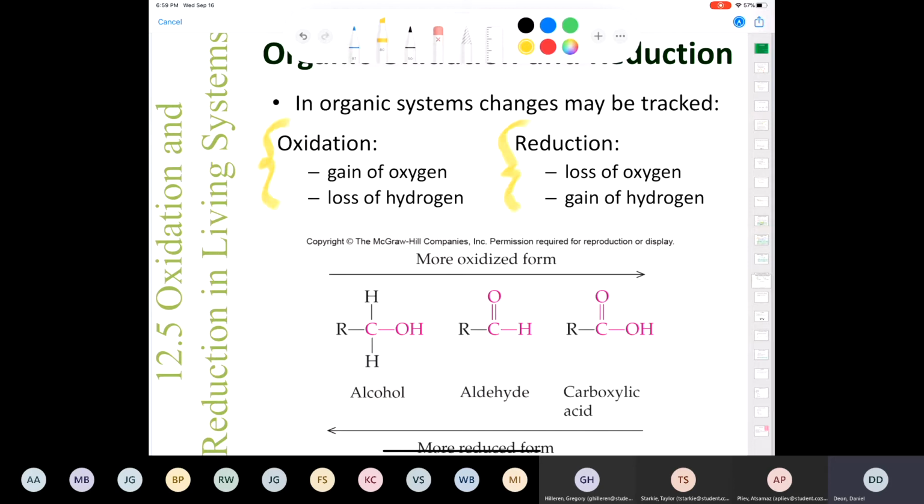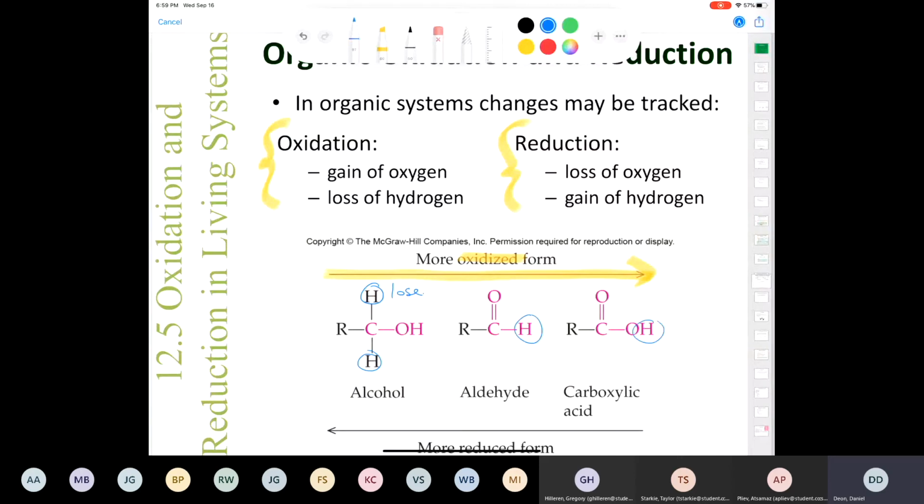So if we look at the alcohol, if we go from an alcohol to an aldehyde to a carboxylic acid, why is this oxidation going in this direction? Because if we go from an alcohol to an aldehyde, we lose these 2 hydrogens. As we go from the aldehyde to the carboxylic acid, we didn't lose any hydrogens.